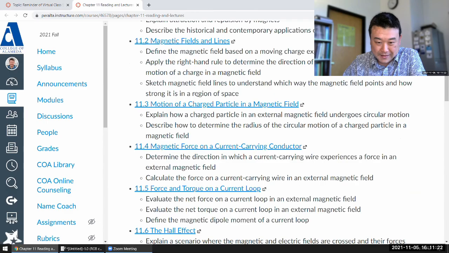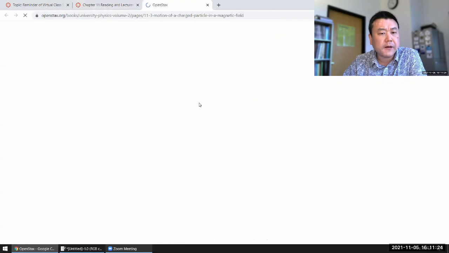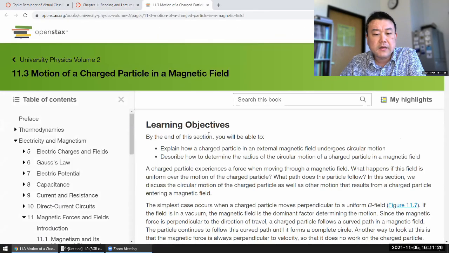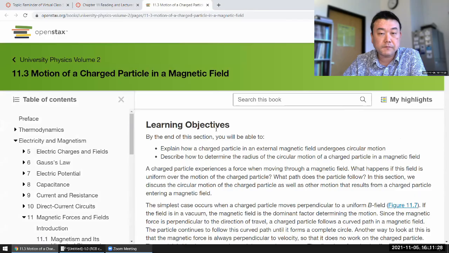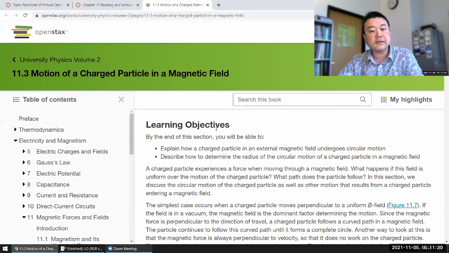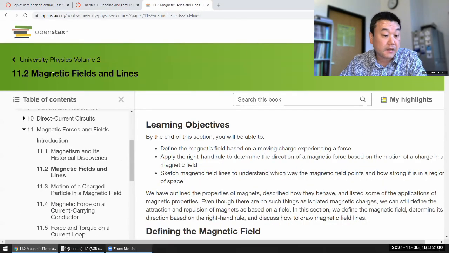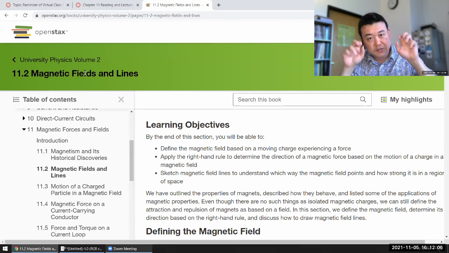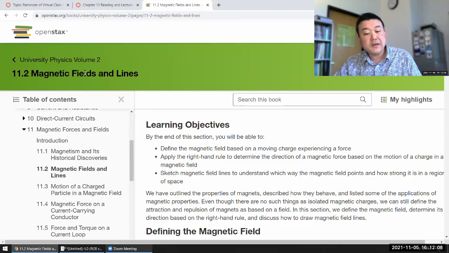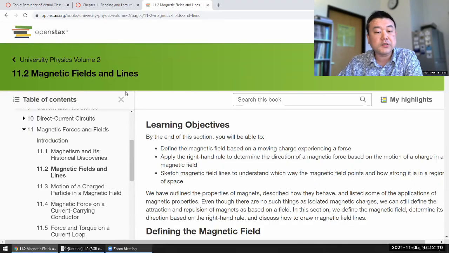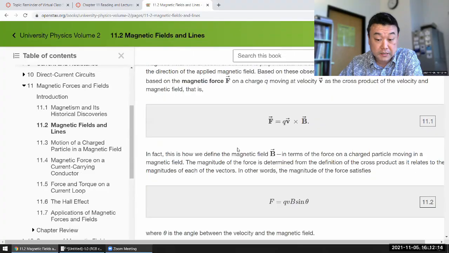The magnetic force is the most elementary interaction between the most elementary object that responds to magnetic field. It's not magnetic charge because they don't exist. It's going to be an electric charge, and these electric charges interact with the magnetic field in this way.